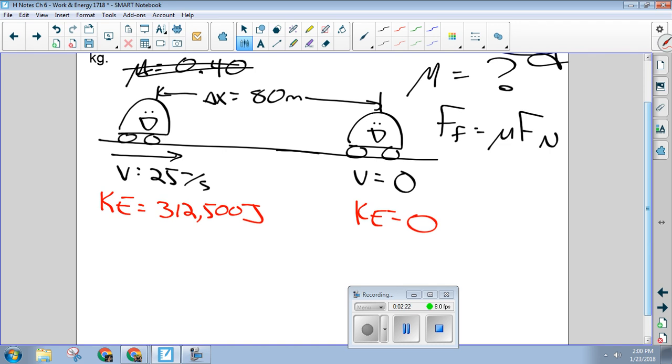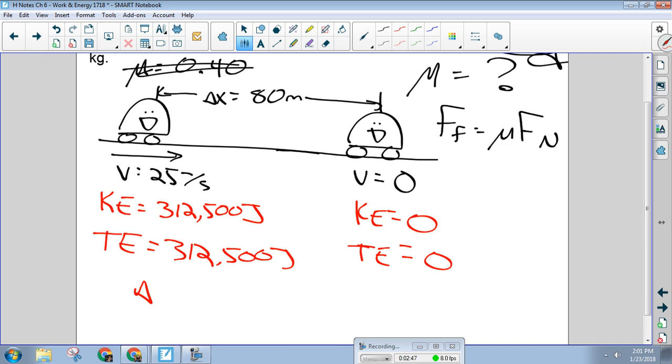All right, so if we call our GPE 0, then that means my total energy that the car starts with is this, and the total energy that the car ends with is 0. And so now I'm kind of stuck. So what do we know about the total energy? It's changing. And in fact, I know how much it changed by, right?